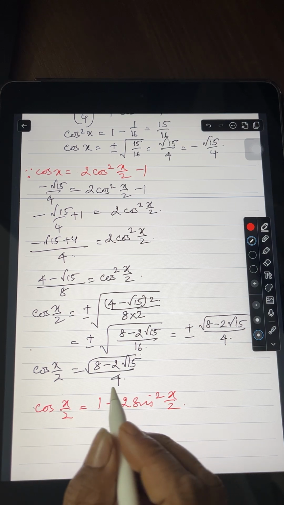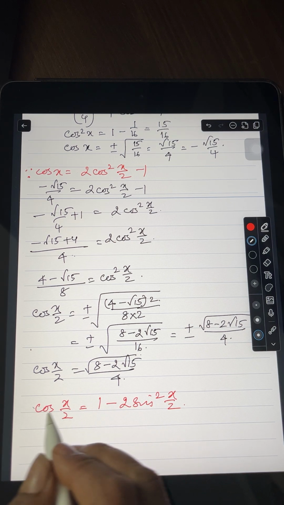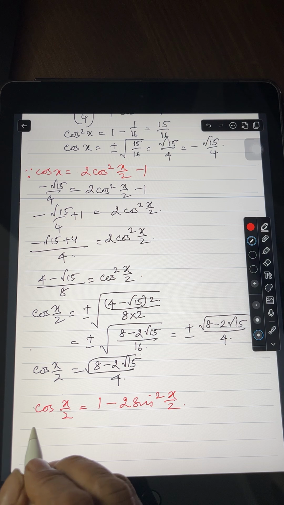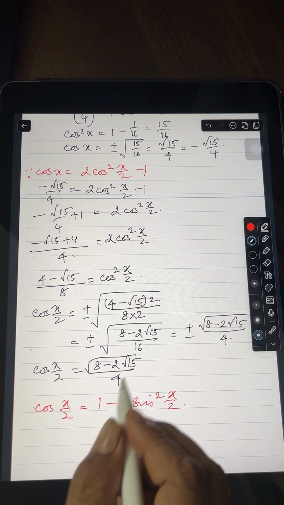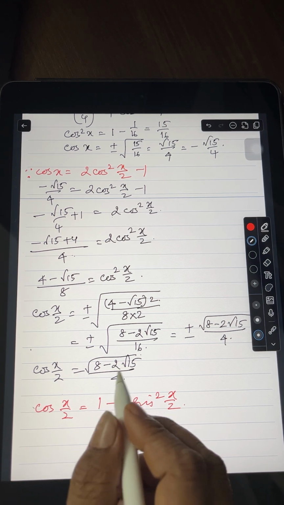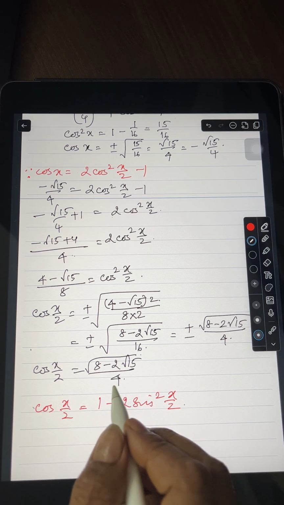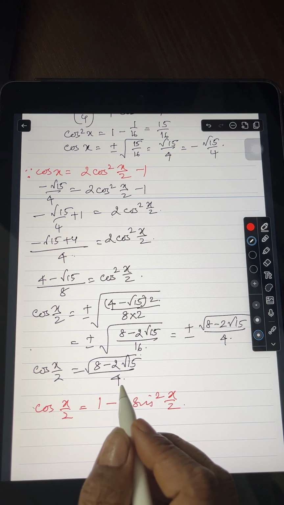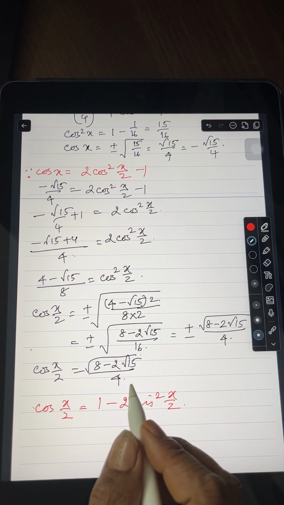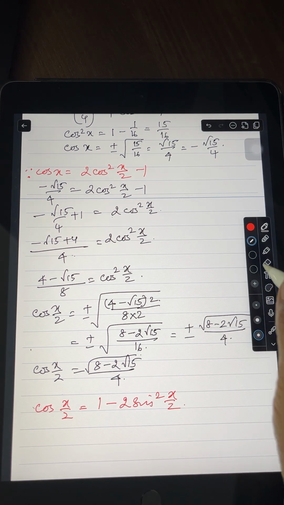Now you see, now you can't use this formula. Why you can't use this formula is, this is a very complicated number, no? This number you can't use. So you can change the formula here.